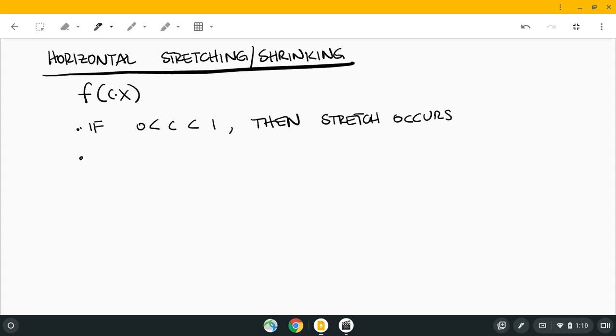If your C value is greater than 1, then your horizontal shrink occurs. So again, kind of counterintuitive, just like the horizontal shifting. Okay, so let's take a look at that.